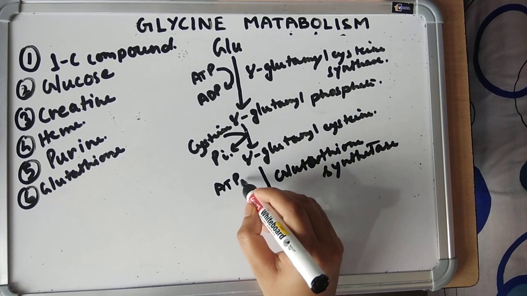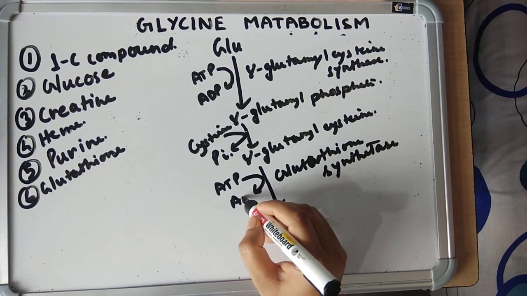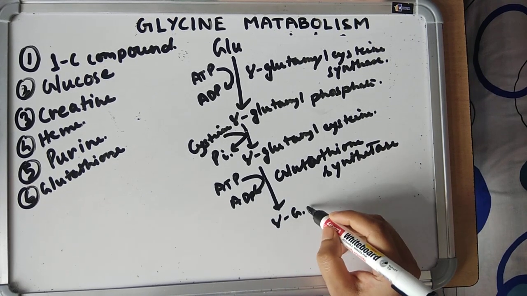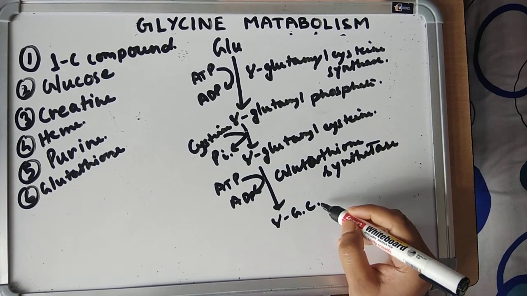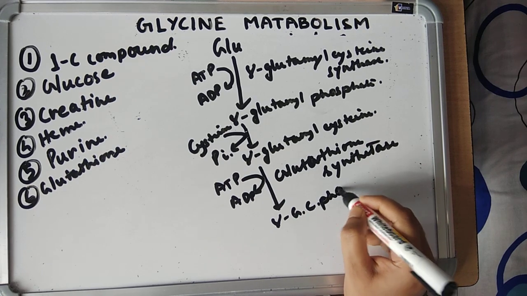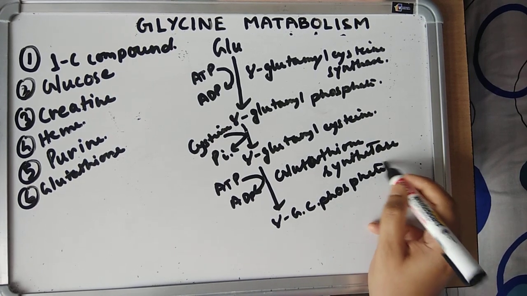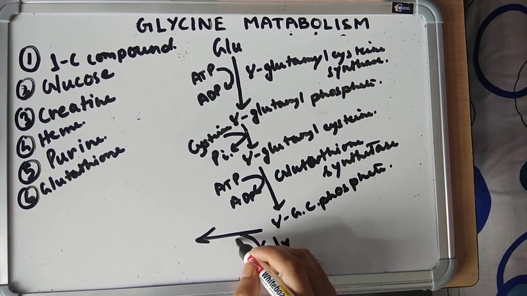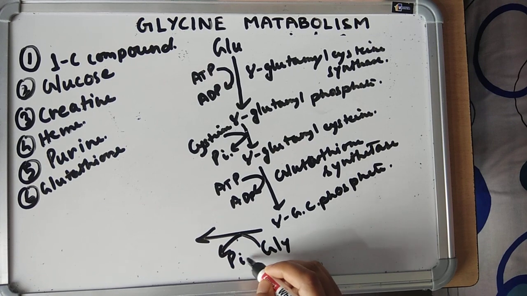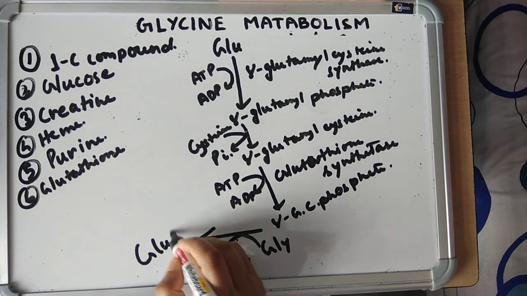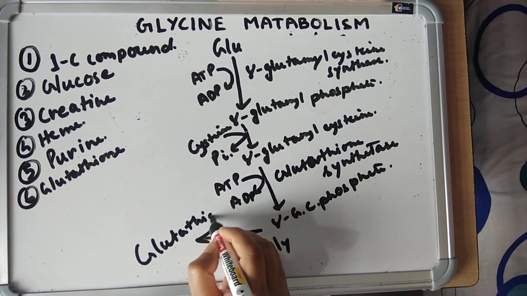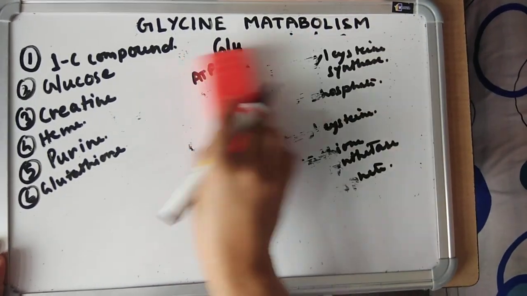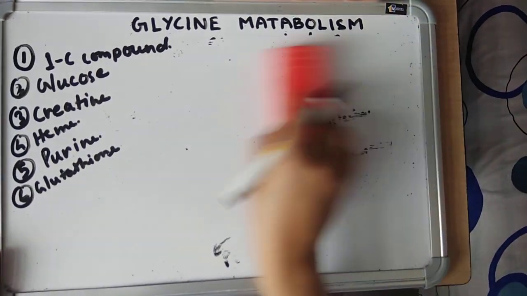First there is phosphorylation to form gamma glutamyl cysteine phosphate. Then glycine will join, inorganic phosphate will be released and glutathione is formed. So this is how glutathione is formed. So glutathione is an important molecule. It has antioxidant property.